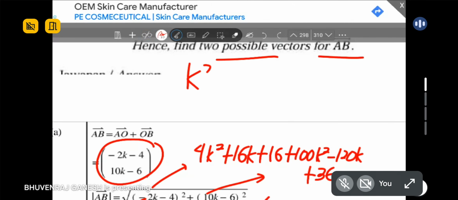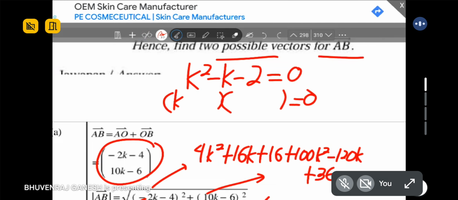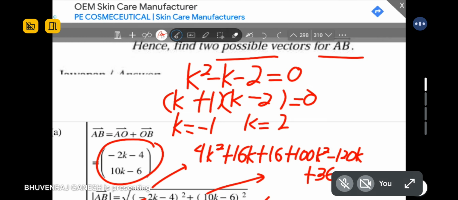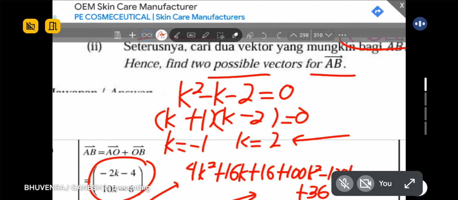Selesaikan. So, K square minus K minus 2 equals 0. Factorize. So, you have K, K, 2, 1, negative, positive. So, K is negative 1, K equal to 2. Faham? Sampai sekarang guys? Boleh dapat? How I get the K value?